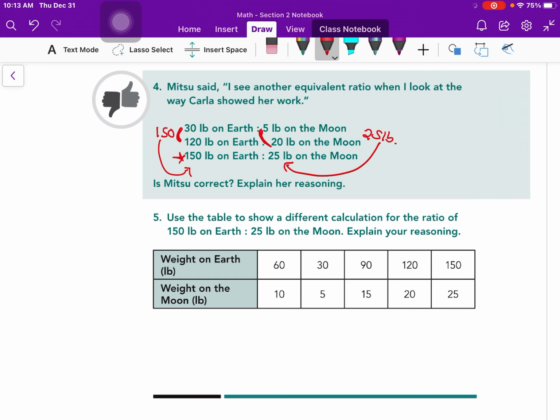Yes, that does match our new ratio of 150 to 25. Most definitely. All right. Use the table to show a different calculation for the ratio of 150 pounds on Earth to 25 pounds on the moon. So we're going to have to add a box here.